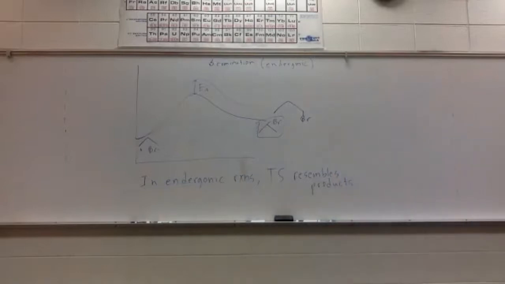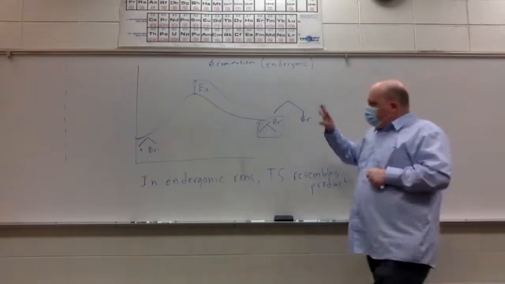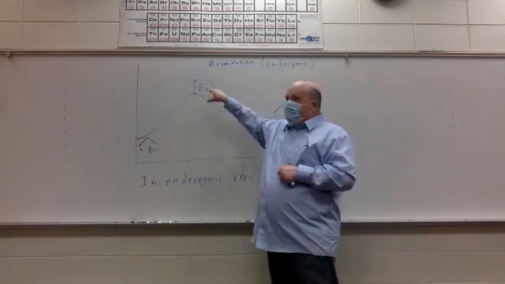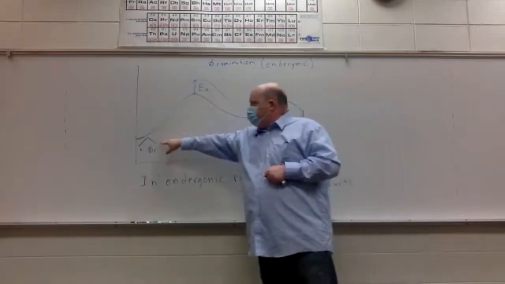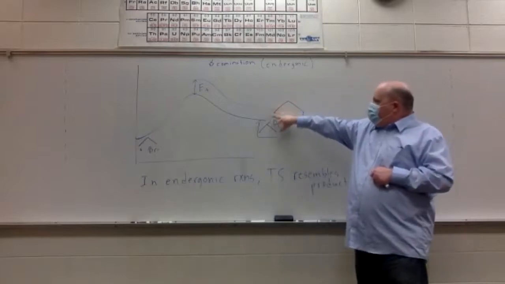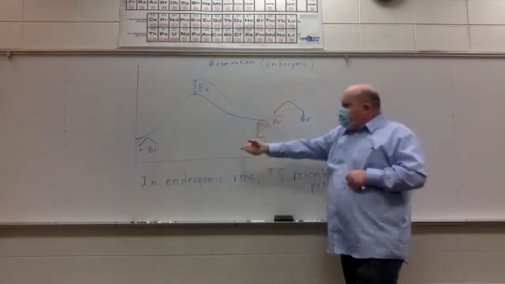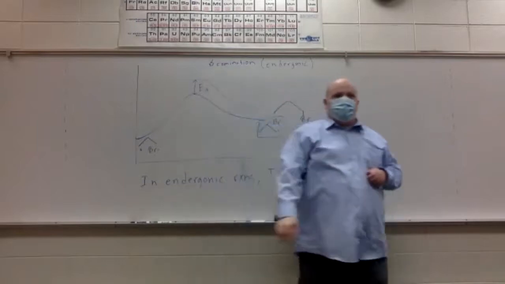Right? Remember, the transition state is just this little midway form that it morphs through as you go from reactant to product. In endergonic reactions, the transition state much more closely mirrors the product than it does the reactant. Since there's a notable energy gap between the two products here, that means there's a notable energy gap between the two activation energies.